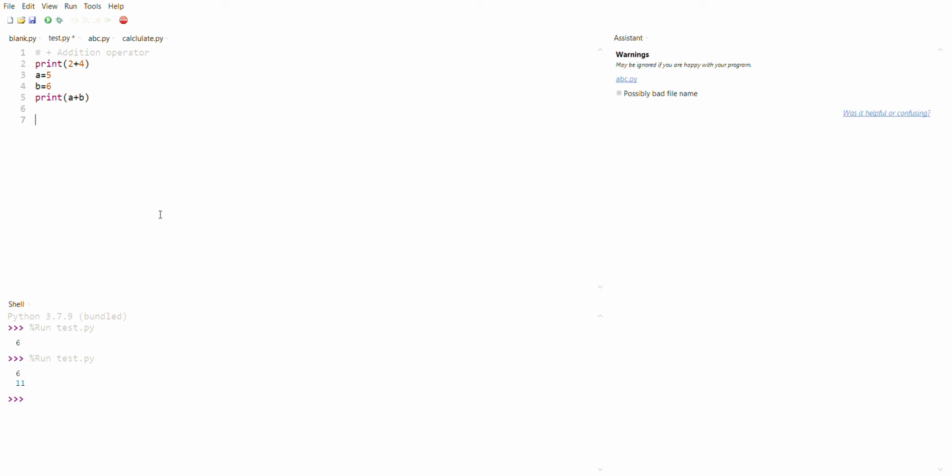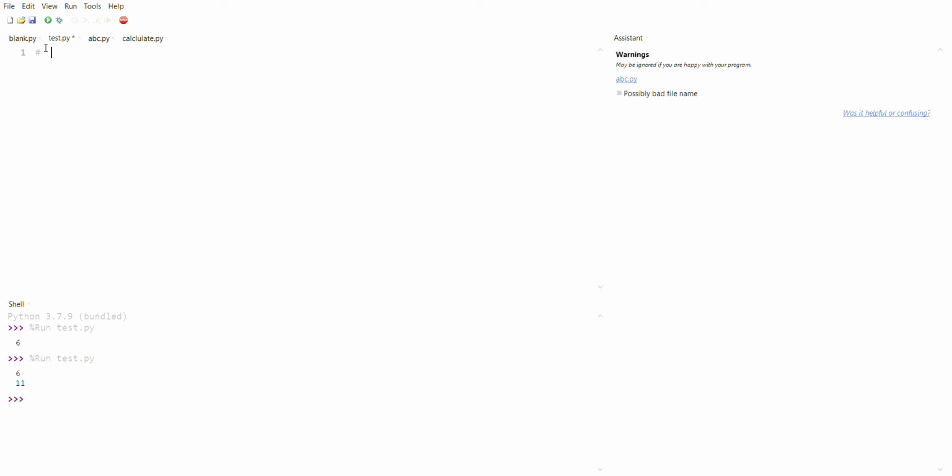Now let's move to the other operator. The next operator we're going to understand is minus, or subtraction. Oops, why am I writing it wrong? So the subtraction operator simply subtracts two values.